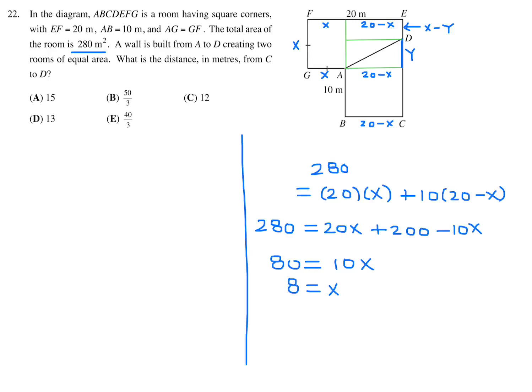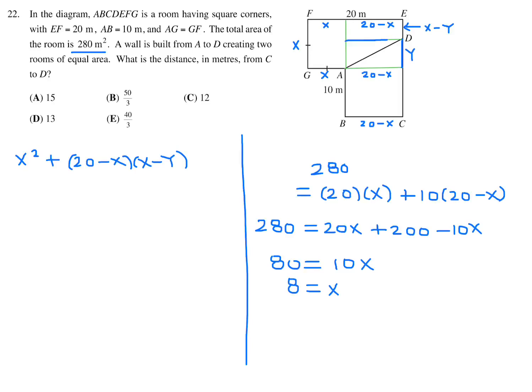So what is the first area? We've got that shape, which is x times x, so x squared. And then I'm going to add this little box right there, and that looks like 20 minus x and x minus y.